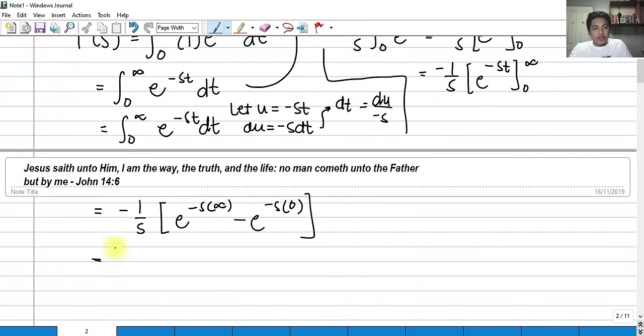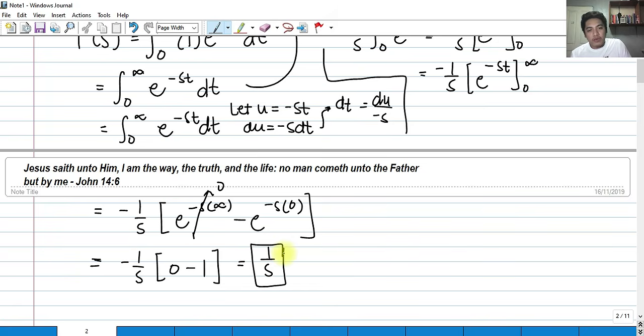So e raised to negative s times infinity is considered as 0. And e raised to negative s times 0 is e raised to 0, which is equivalent to 1. So multiplying, we get 1 over s.